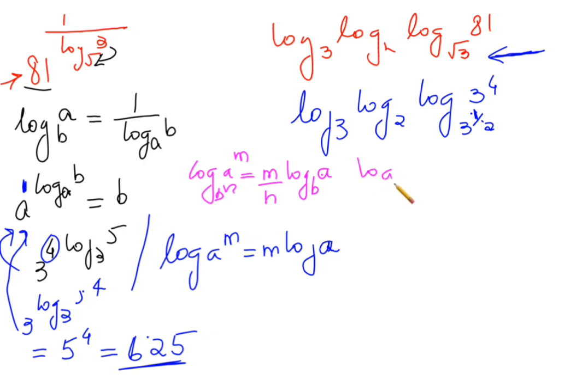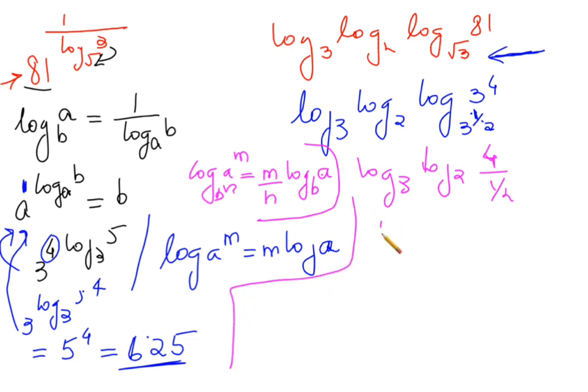Log to the base 3, log to the base 2, and I will write it as 4 upon 1 by 2, which eventually comes down to log to the base 3, log to the base 2, and this becomes 8.